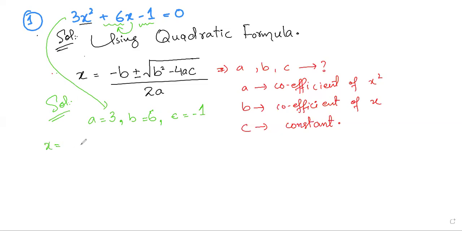For example, x equals minus b, which means minus 6, plus minus square root of b squared, which means the square of 6. So let's put the values first. Then 4 times a, where a is 3 and c is minus 1, whole divided by 2 times a, which is 2 times 3.